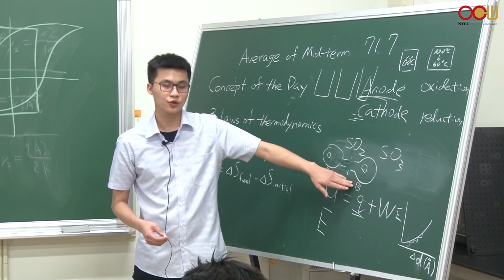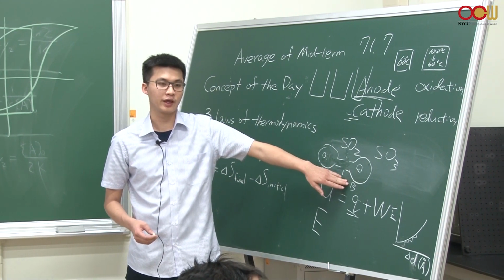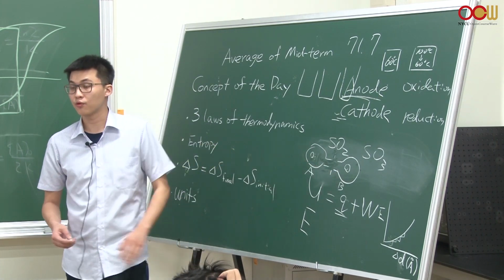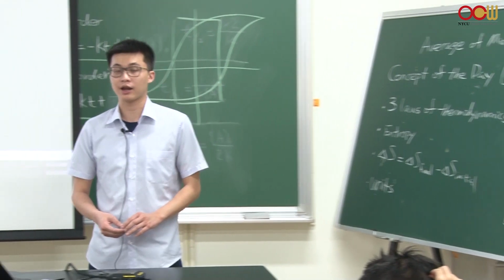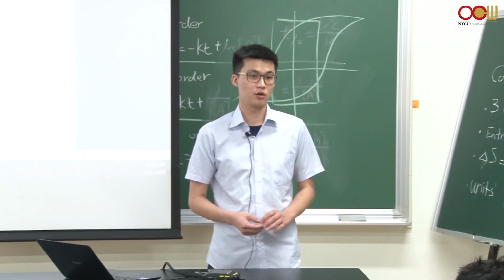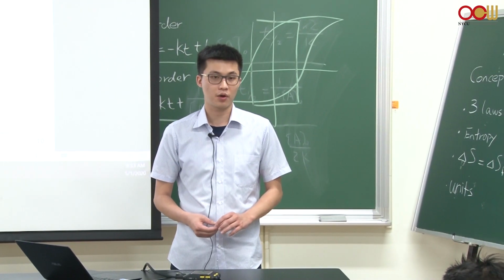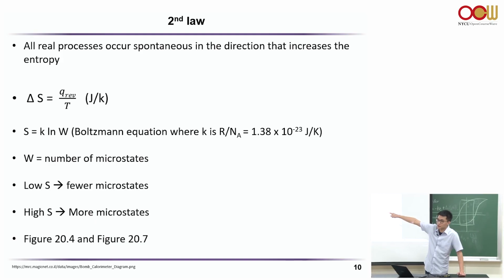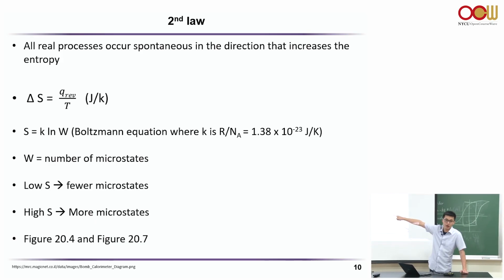Another scenario is that 2 are located in the B compartment. Then you can imagine many of these gas particles inside the compartment, and you have many possibilities. So S is basically a measure of probability or the randomness of these particles.